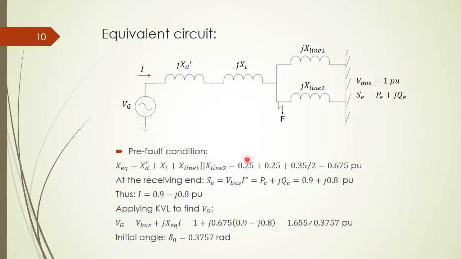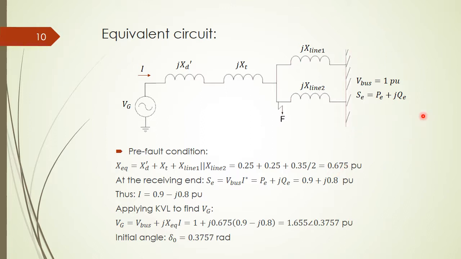So before the fault, the electric current will flow from the left hand side to the right hand side, and our equivalent reactance here will be XD prime in series with XT and in series with the two lines in parallel. So the total impedance or equivalent reactance will be 0.675 pu.